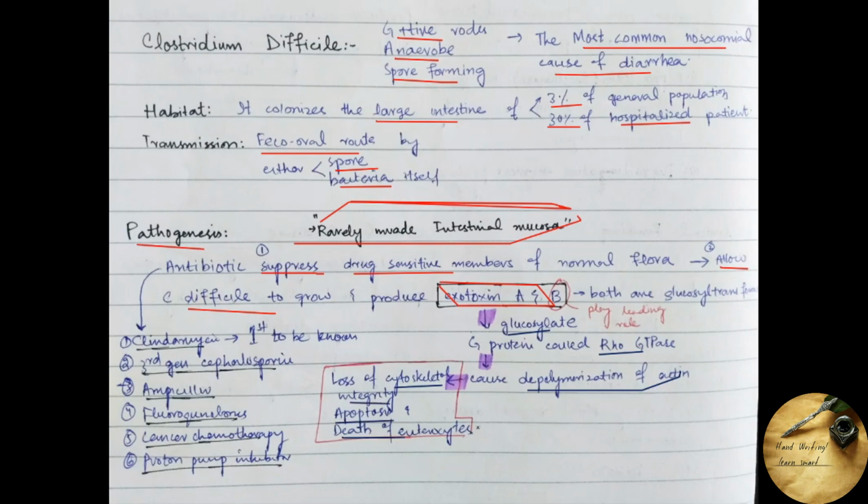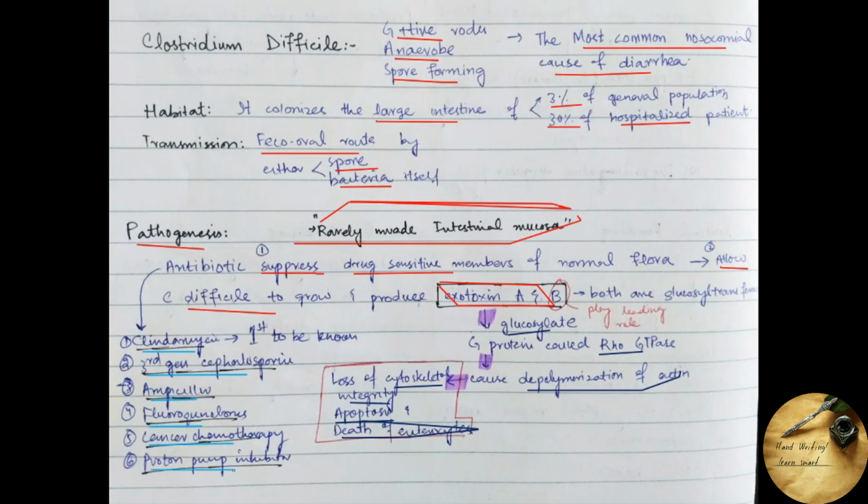Antibiotics which cause antibiotic-associated diarrhea are clindamycin, which is the first to be known, third generation cephalosporins, ampicillin, fluoroquinolones, drugs used in cancer chemotherapy, and proton pump inhibitors.